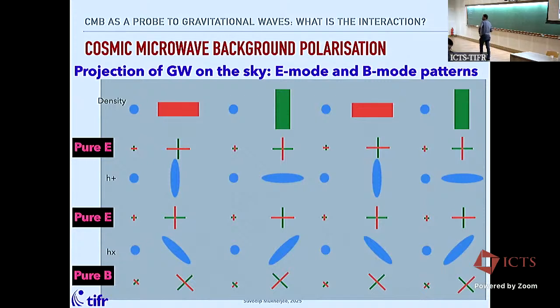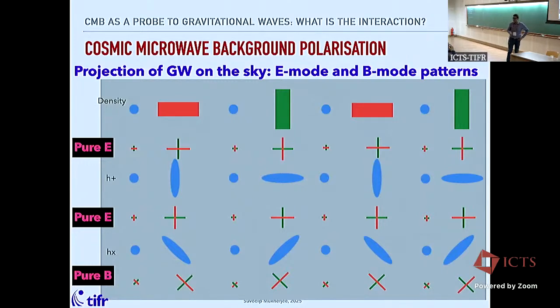I told you at first that Thomson scattering can intrinsically produce a polarized state if there is a quadrupole anisotropy. Then I tried to convince you that such quadrupolar fluctuations will be naturally produced when a gravitational wave propagates, from the very fact that this piece of the sky will look colder and this piece will look hotter, so I get a net polarization direction.